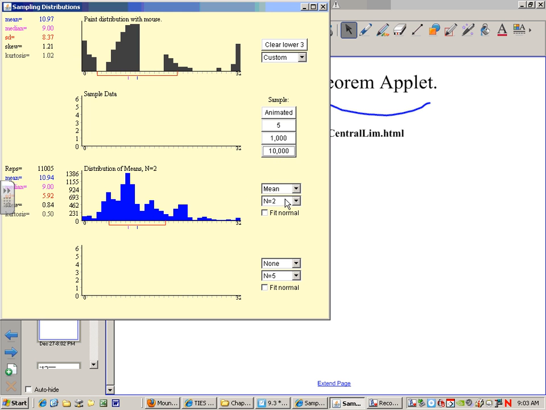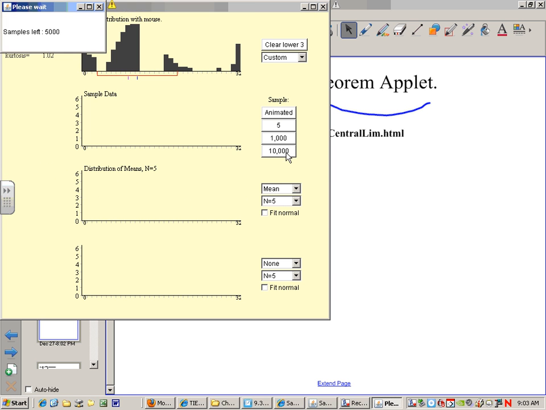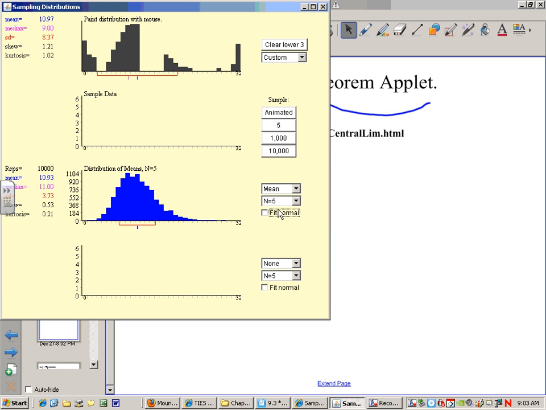Now 2 is way off, but 5 was closer to normal. 10 is getting closer, still looks a little skewed. But if I go to 25, you can see that that's really close to being normal, even with this chaotic distribution up above.